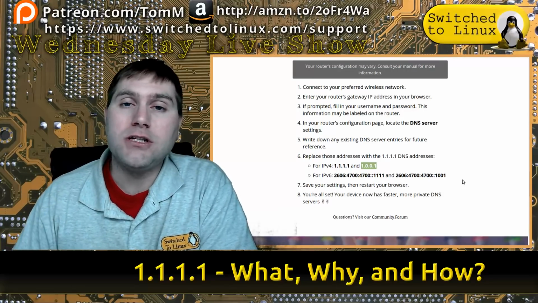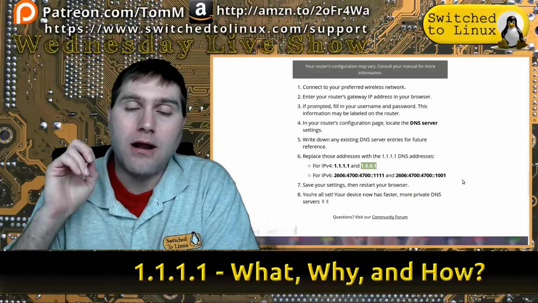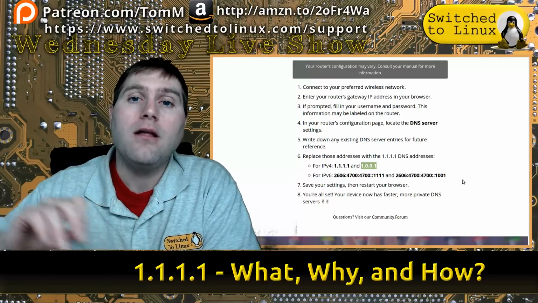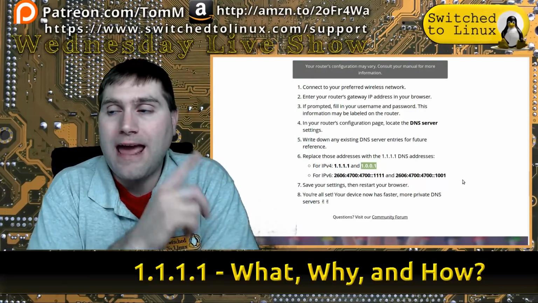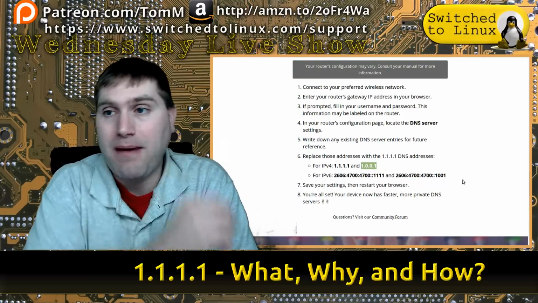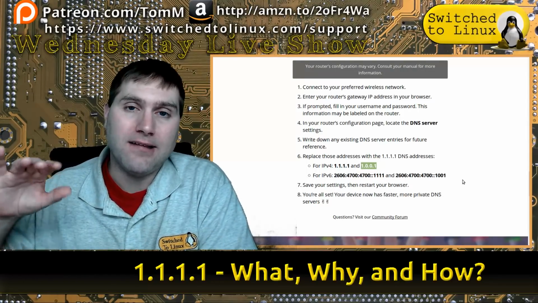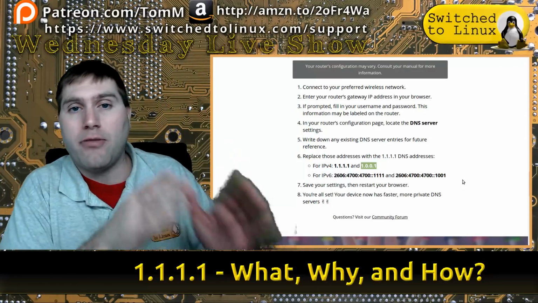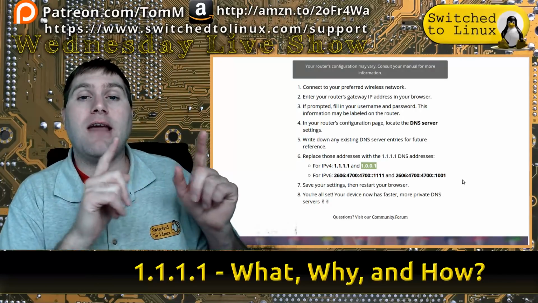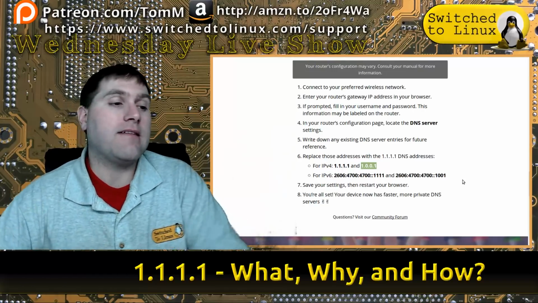Because what that's going to do is, instead of your router being your DNS server, your computer will go straight to 1.1.1.1, and everything you're trying to block is going to pass through. So don't set it as the server for your individual devices. Just put that on the router level, and then you allow your router to manage all of your other DNS. So that's kind of what you want to do.